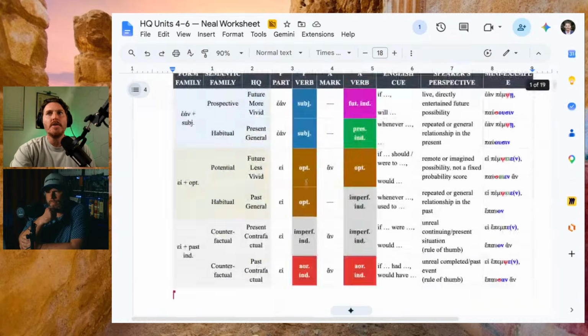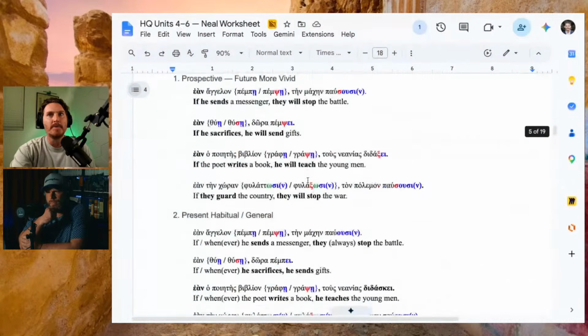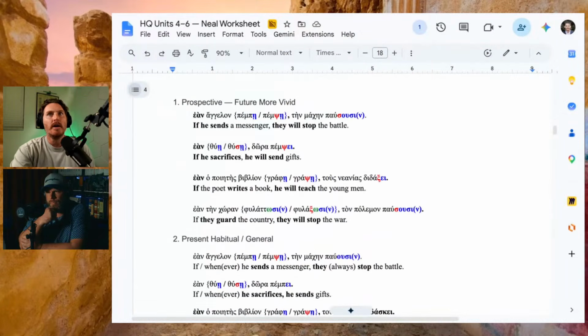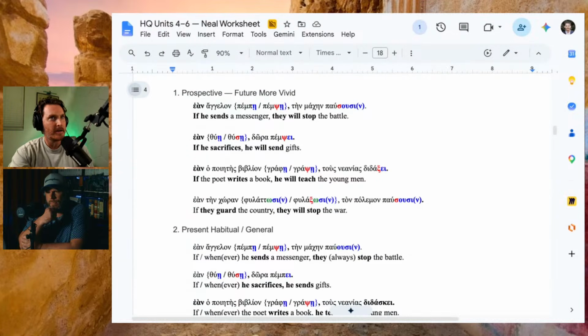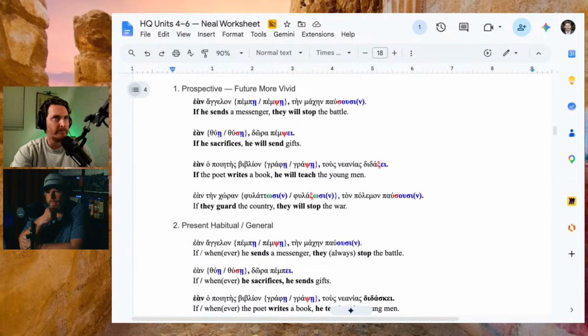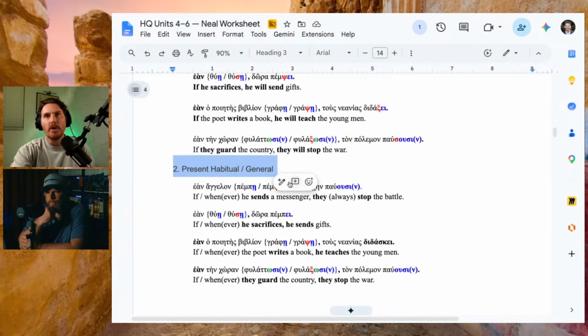So what you get in the classical examples is much more elaborate and grammatically sophisticated than you're going to find in the New Testament or most of the Hellenistic period. You're going to find this a lot in classical literature, and that's what Hansen and Quinn is. It's for classics. So future more vivid we covered. Present habitual, we're good.